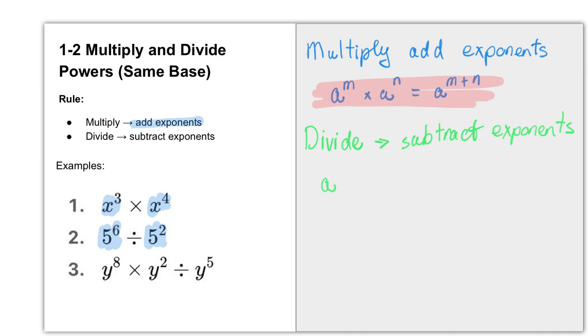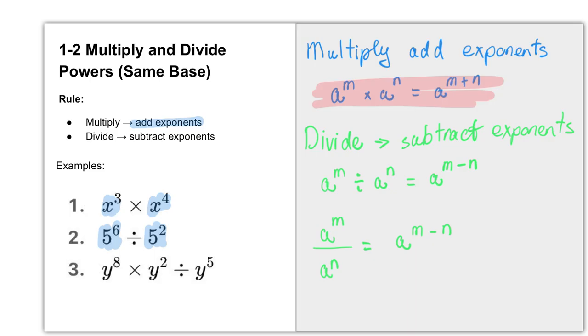A raised to the m power divided by a raised to the n power means we're subtracting the exponents. You can also rewrite this as a fraction. And it will be the same thing.